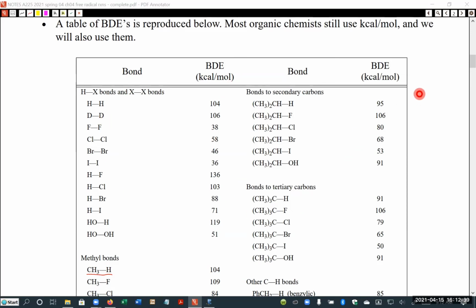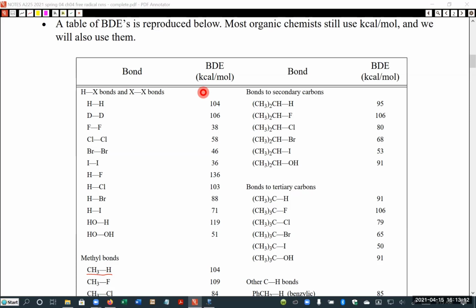So the first thing I want to point out is the units for the bond dissociation energies. It turns out that organic chemists generally work in energy units of kilocalories per mole. Now, that is not really the modern SI unit that's used in most other fields, such as physics, even physical chemistry, stuff like that.